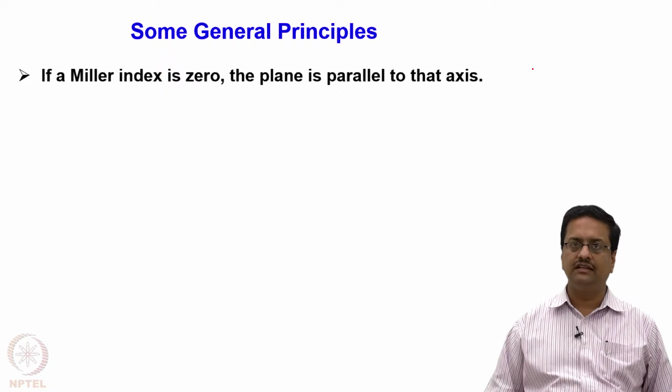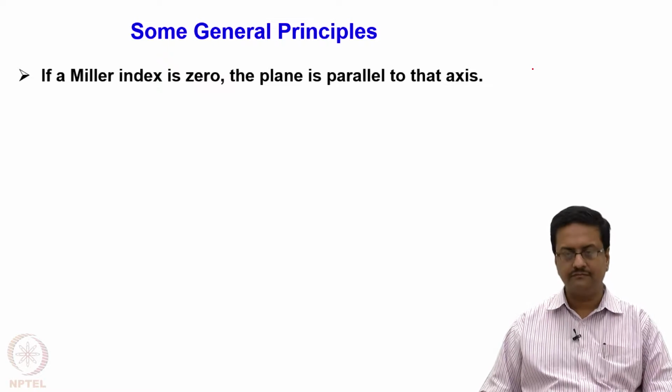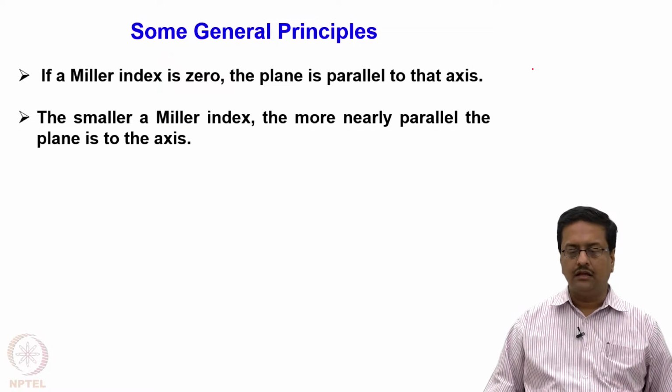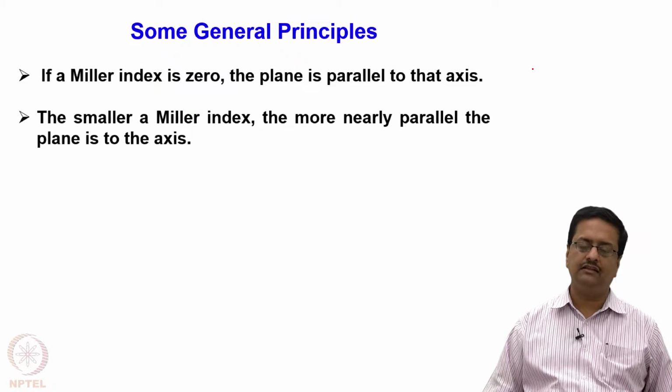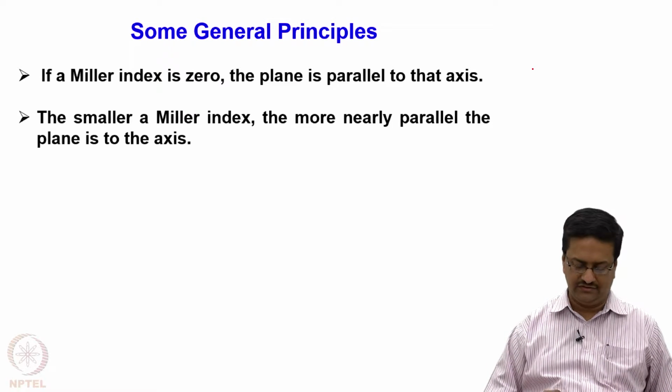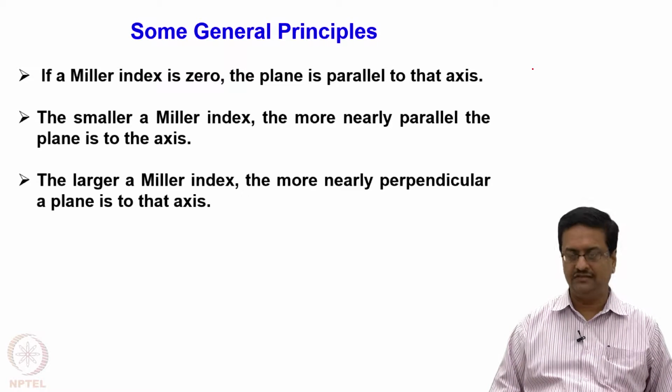As we have already seen, if a Miller index is 0, the plane is parallel to that axis. The smaller the Miller index, the more nearly parallel the plane is to that particular axis. The larger the Miller index, the more nearly perpendicular a plane is to that particular axis.